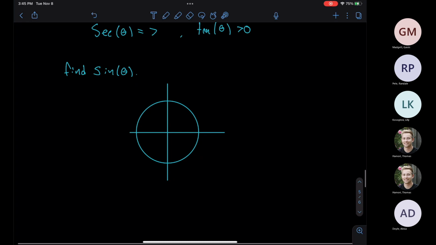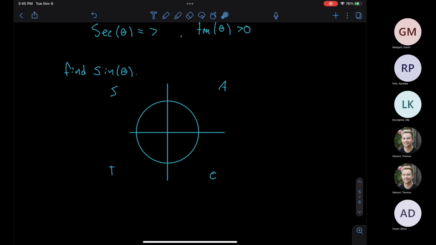We know that tangent is positive. Which quadrants is tangent going to be positive in? 1 and 3. Yeah, 1 and 3. It's ASTC. So all and tangent, those are the quadrants in which tangent is going to be positive.